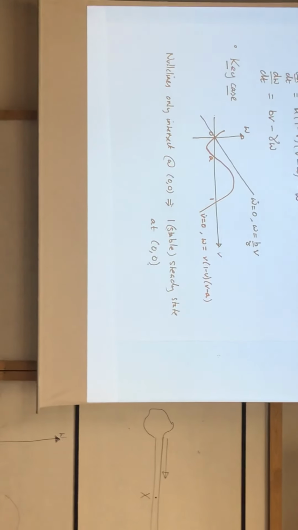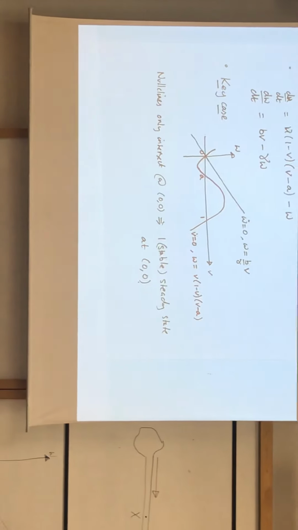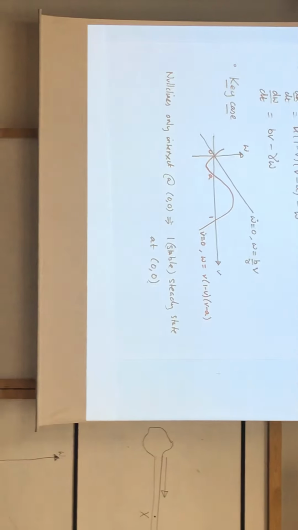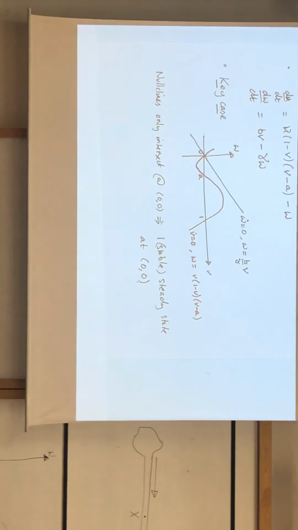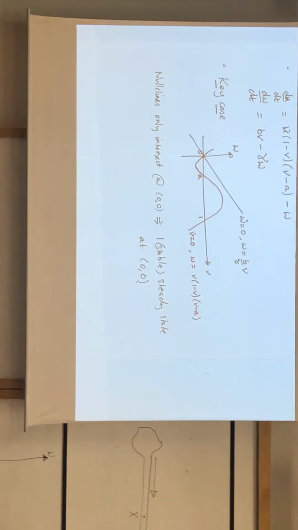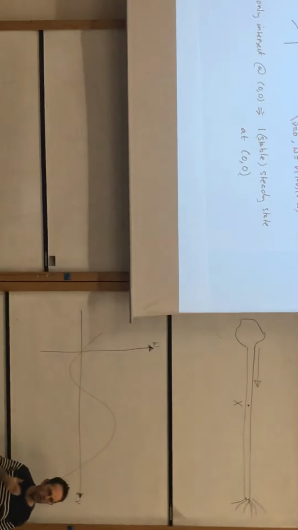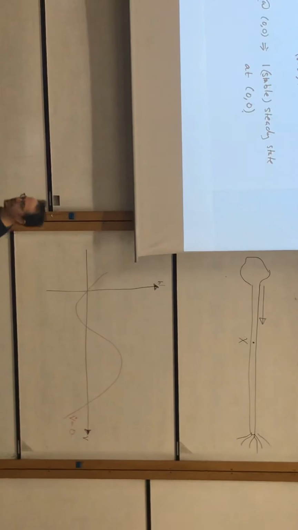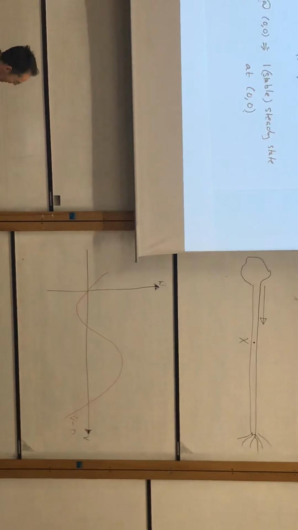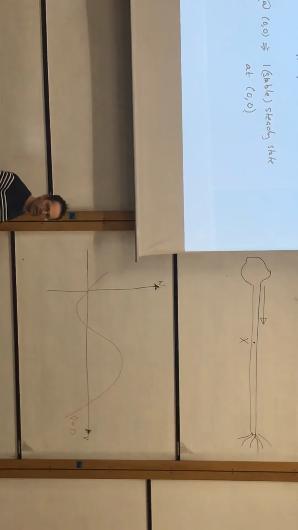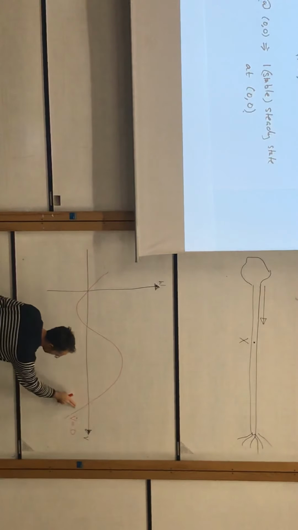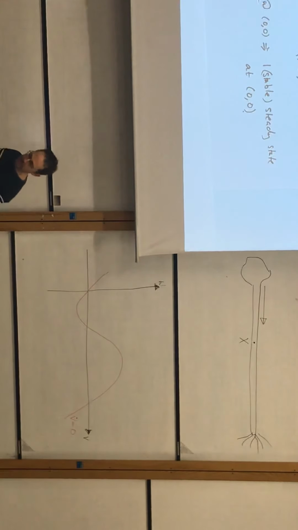This is the line along which V dot is equal to 0. So above that line, we'll either have V dot positive or V dot negative, and below that line, it will be the other way around. The point of those null-clines is they nicely partition the phase plane into the regions where V dot is greater or less than 0.